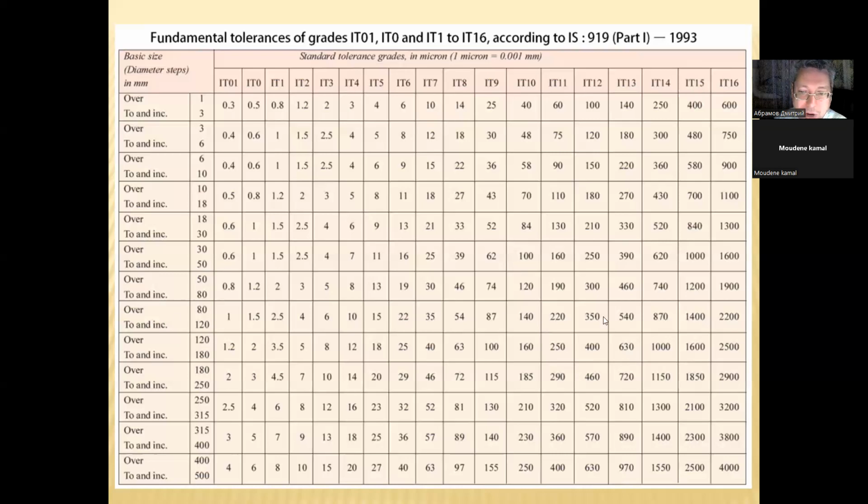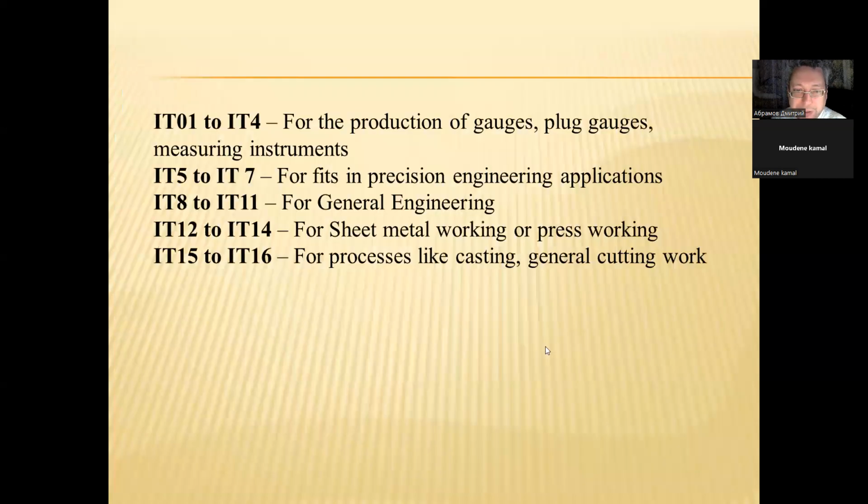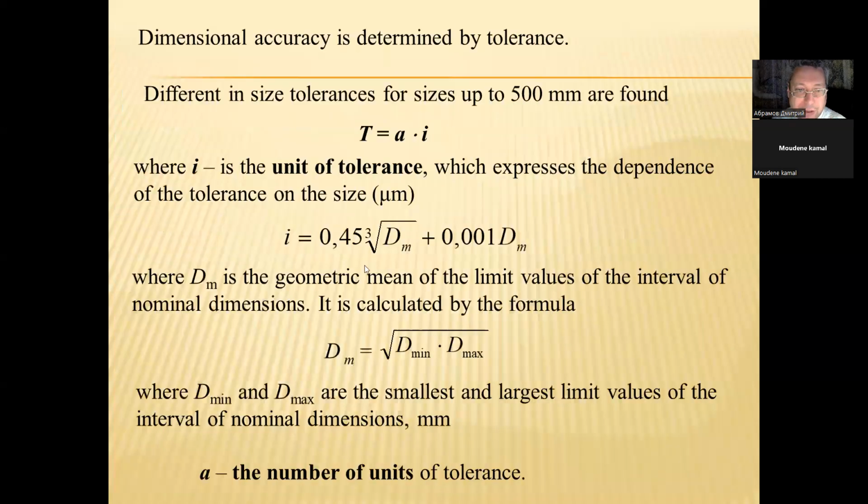We use this row, IT grade 11, and we have the tolerance field equal to 220 micrometers. These are standard tolerance grades. And we use this formula when we calculate the tolerance field.